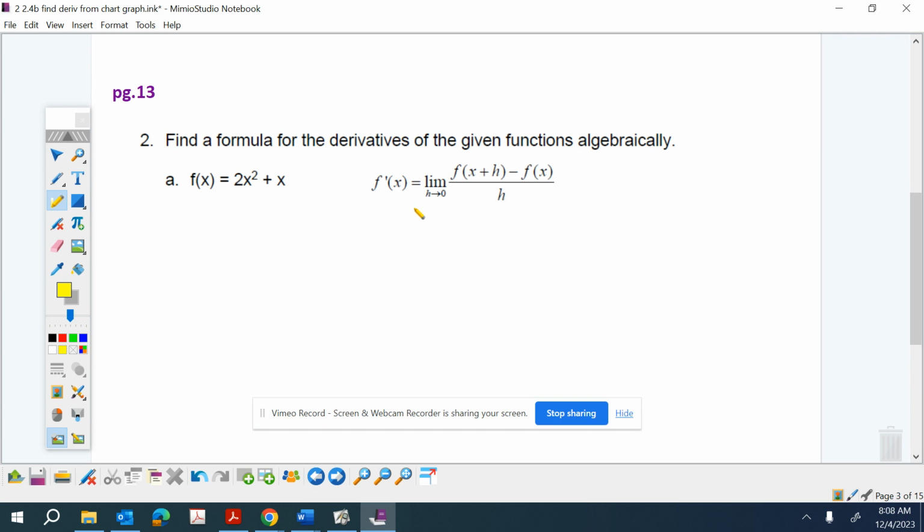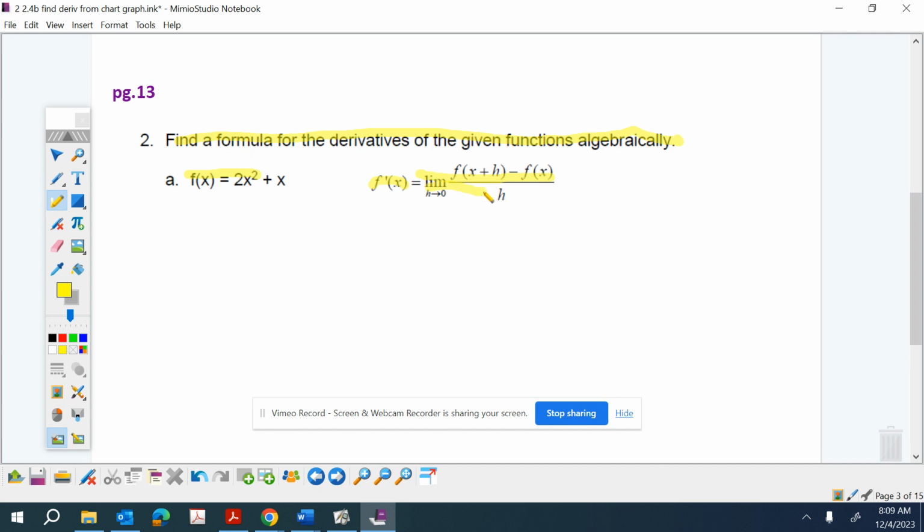Notice the formula has changed a little bit. It's still the derivative equals the limit definition, but now we are not plugging in the given x value, because if you look really carefully, there is no x value given. It's just the equation.